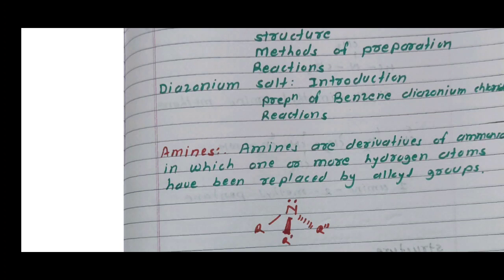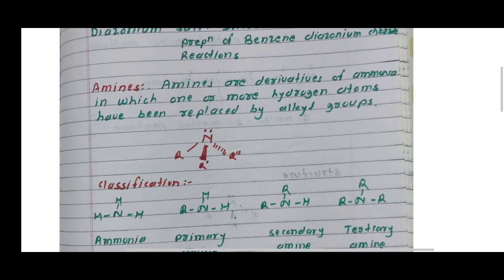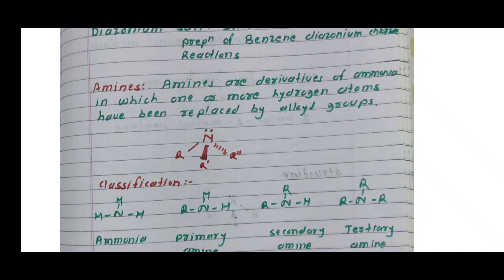I am showing the structure here: nitrogen with 3 alkyl groups. The first alkyl group is R, second is R dash, third is R double dash, and nitrogen has a lone pair of electrons.